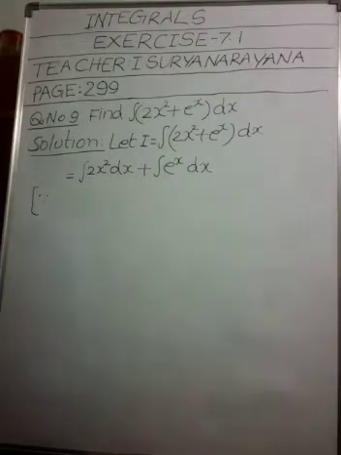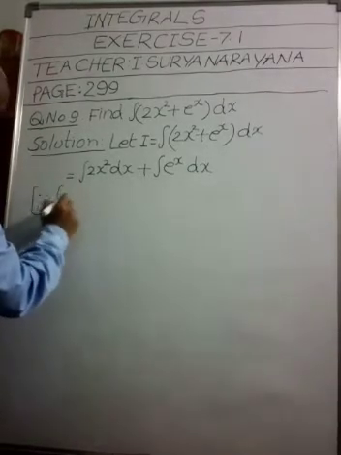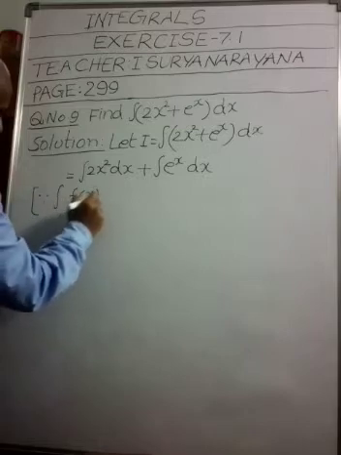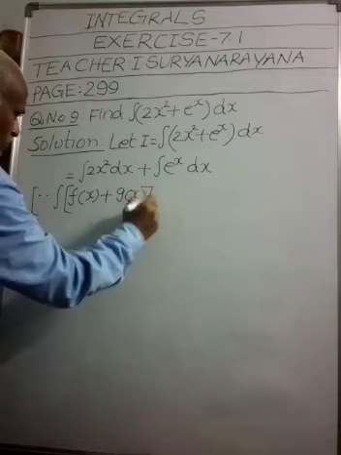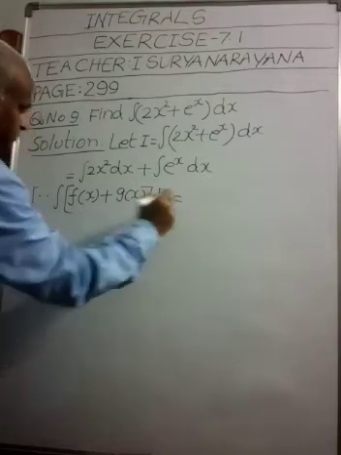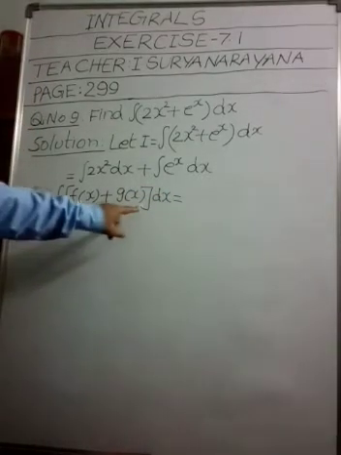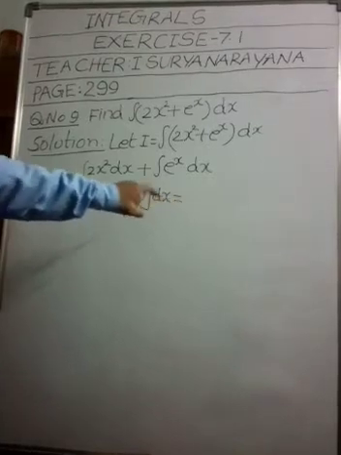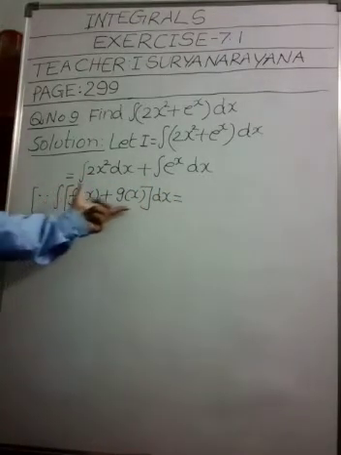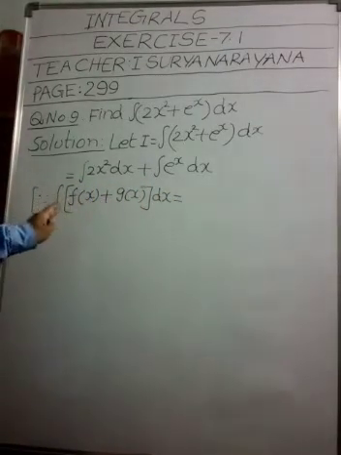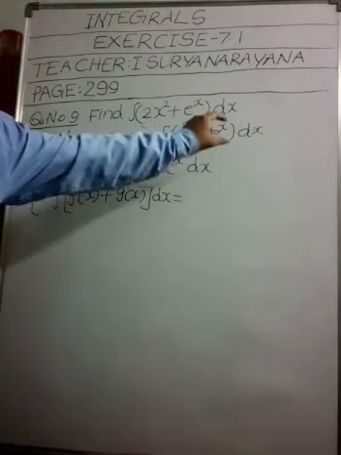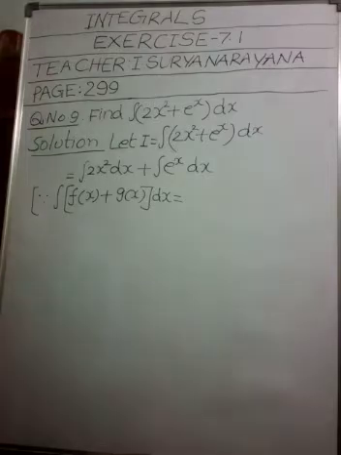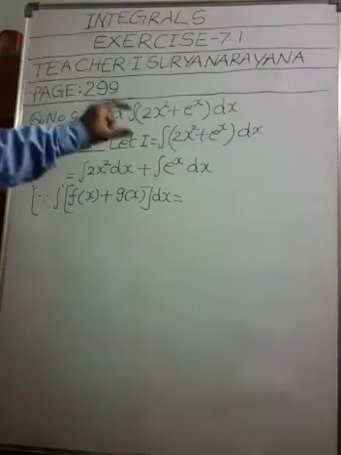Because we are using that property, integral of f of x plus g of x dx means if the given integrand has the sum of two different functions, 2x square is one function, e power x is another function, we can take like that also.